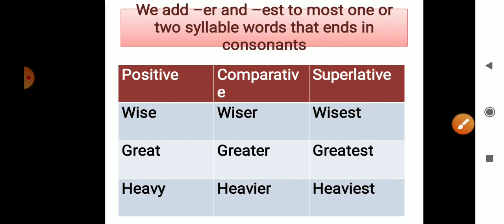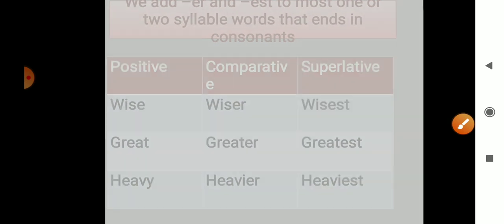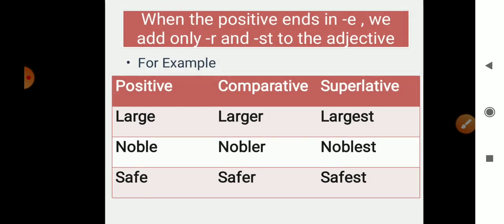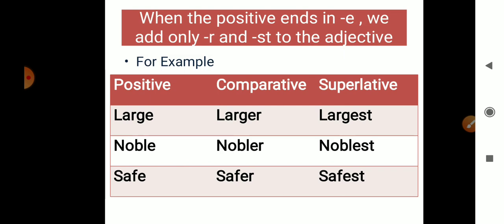So next is, when the positive ends with E, we add only R and ST. See here, E is the last letter of the word.